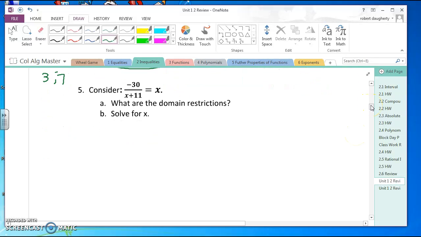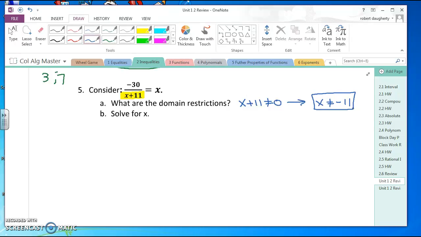So let's look at the next one. What are the domain restrictions? You get your domain restrictions on a rational by looking at the denominator. The denominator cannot be equal to 0. So x plus 11 cannot be equal to 0. That means that x cannot be negative 11. That's my restriction. Now, to solve for x, I need to multiply everything by the denominator.